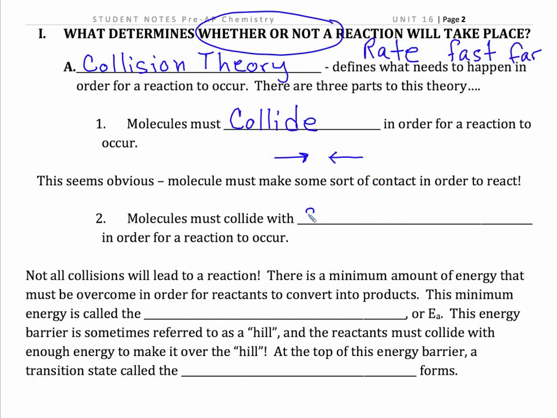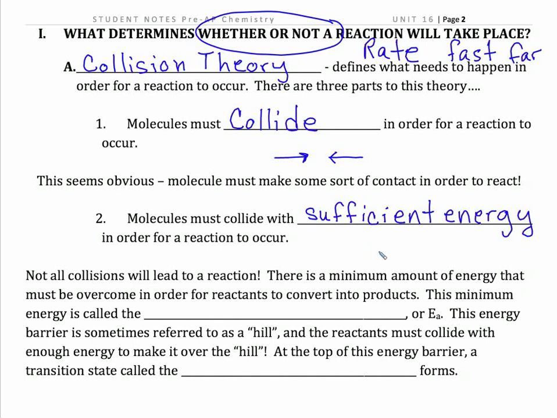Now, the next one is that they must collide with sufficient energy. You know, you've probably met a lot of people out there and you're not really attracted to them. They're great friends. They might be nice people, good to work with in the classroom, but there's no spark. There's no energy there. And that's what we have with molecules.